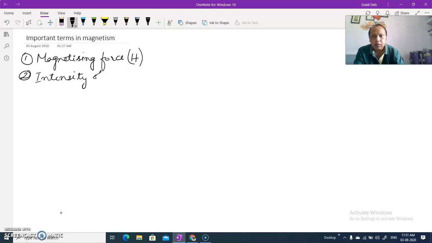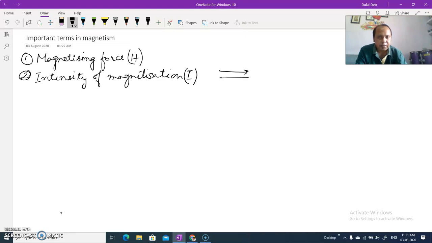Intensity of magnetization is represented by I, and to understand this, suppose we take two regions where the magnetic field is same. The magnetic field is same in both the two regions which are shown here.